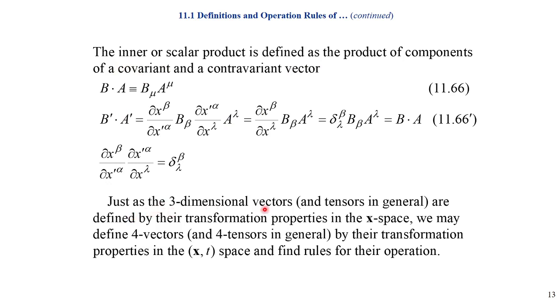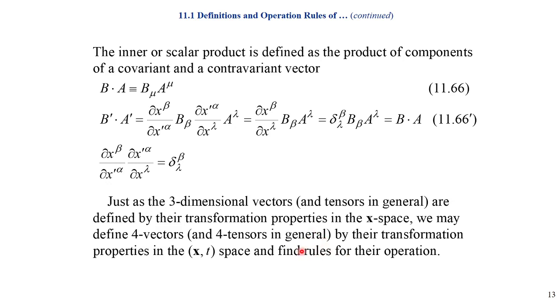Just as three-dimensional vectors and tensors in general are defined by their transformation properties in X space, we may define four-vectors and four-tensors in general by their transformation properties in X and T space, and find rules for their operations.